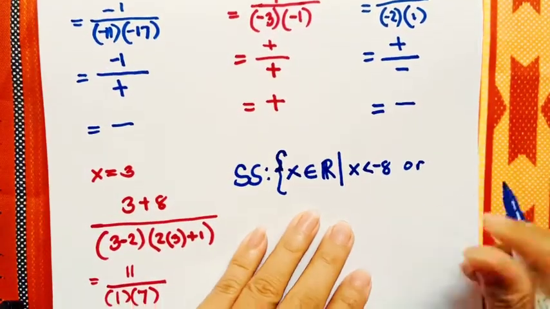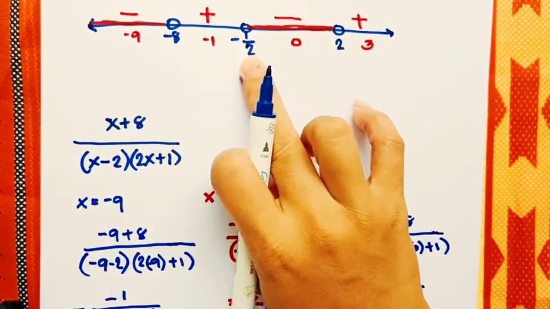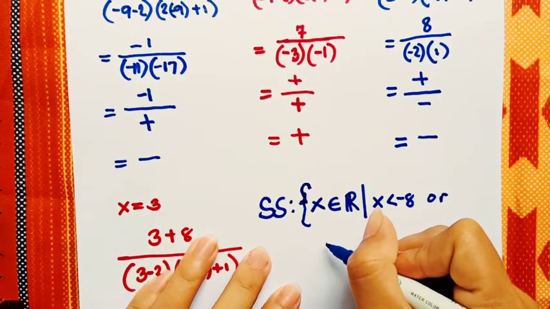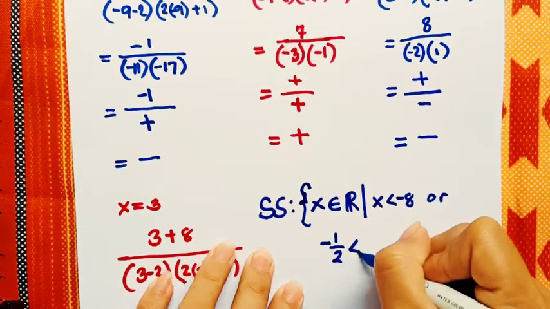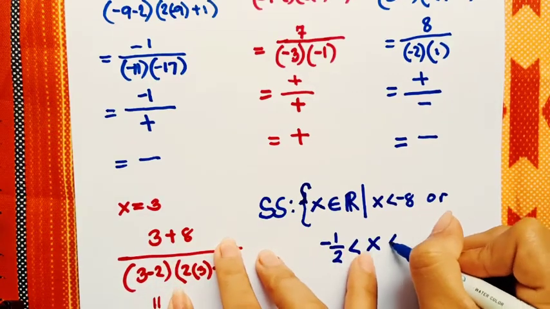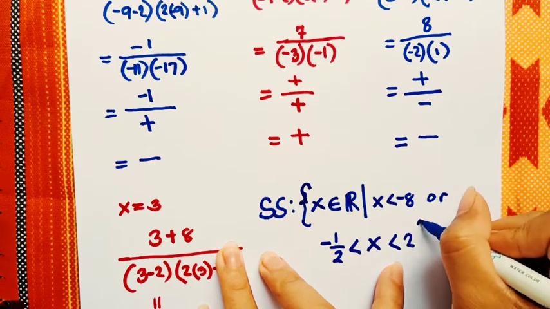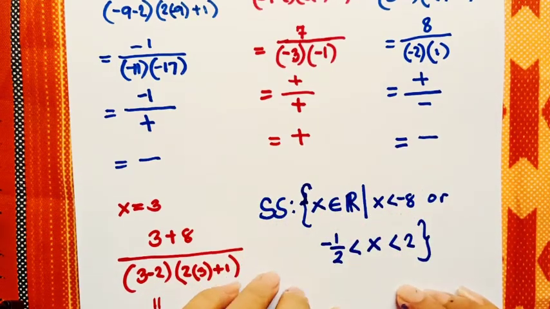Or, in between siya sa negative 1/2 and 2. So, it is greater than negative 1/2. X is greater than negative 1/2, pero less than siya sa 2. Mao ni siya ang ato ang solution set, guys.